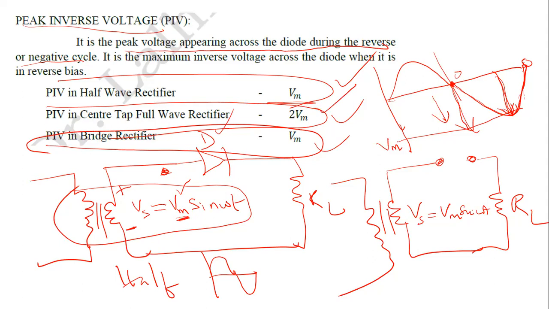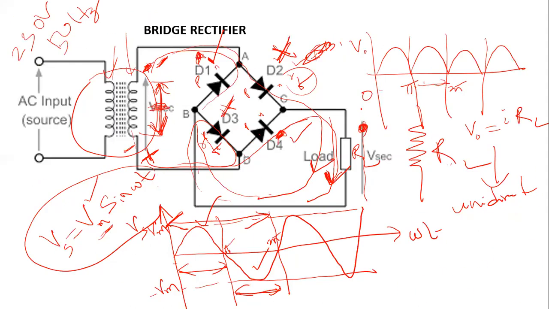When the peak inverse voltage crosses the breakdown voltage, it will undergo avalanche breakdown. It will burn your diode. So in most practical circuits, the design normally used is the bridge rectifier, the one shown here.